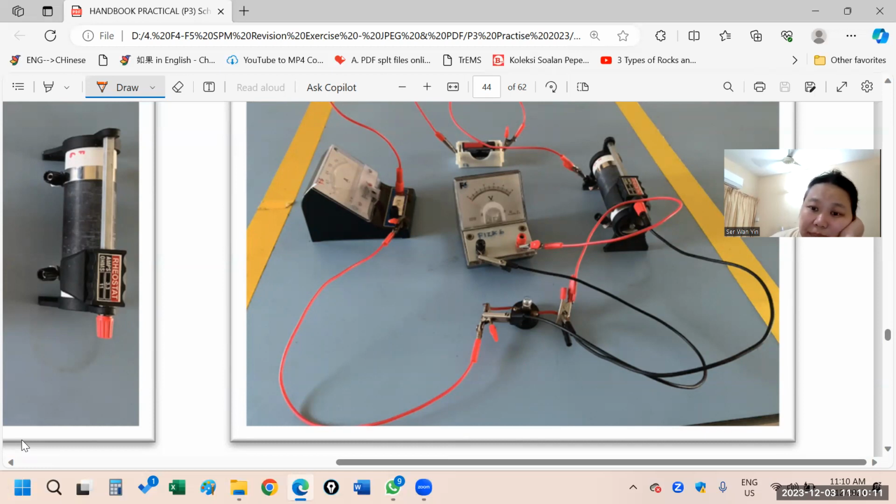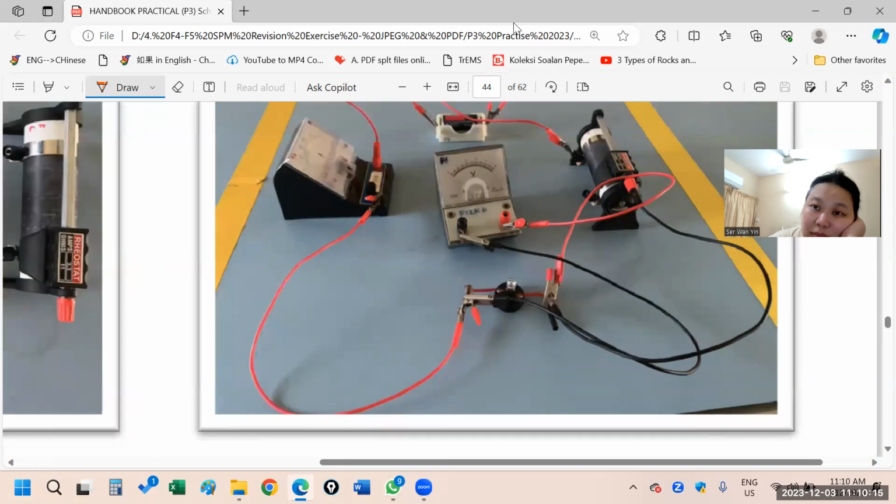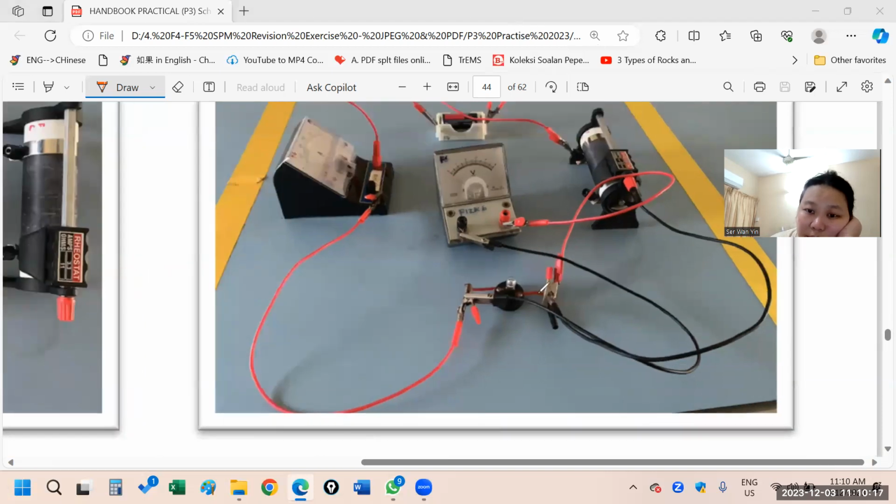When you clip like this, in between there is actually a space. So you clip perpendicular to the crocodile clip, perpendicular like this.